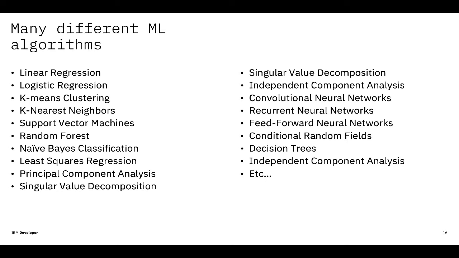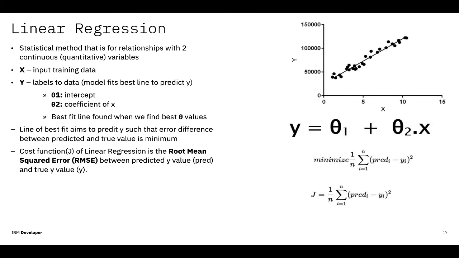So let's go into linear regression. Linear regression is a statistical method that allows you to summarize and study relationships between two continuous quantitative variables. Remember, we're only using this when the output is quantitative.